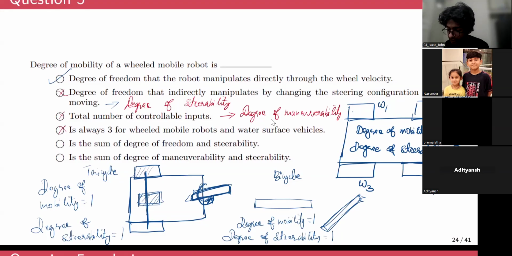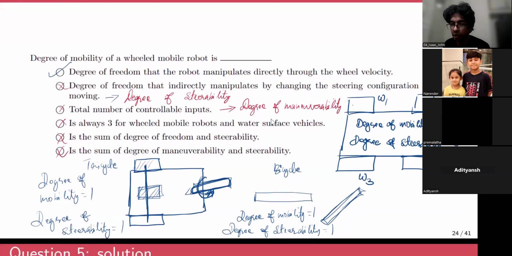And the fifth option is the sum of degree of freedom and degree of steerability. That is obviously false, because anything that has to do with sum, it has to do with degree of maneuverability. And the last option is the sum of degree of maneuverability and steerability. That is also false. So I hope we can all agree that option A is the only correct option.